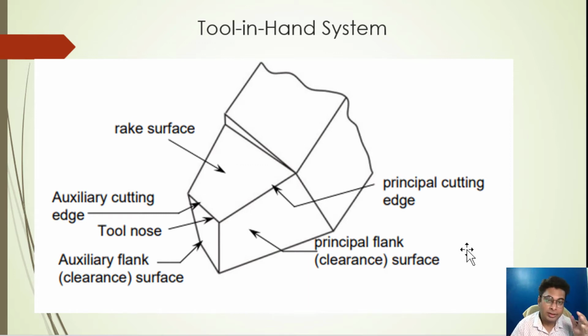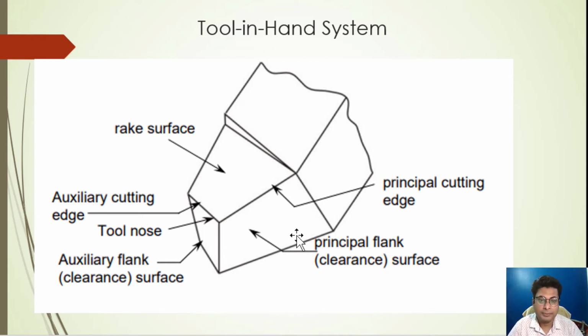If no clearance is provided, then only this cutting edge won't take part in the cutting action. Rather, the total surface, the total plane will take part in the interaction, and there will be many issues associated with it.